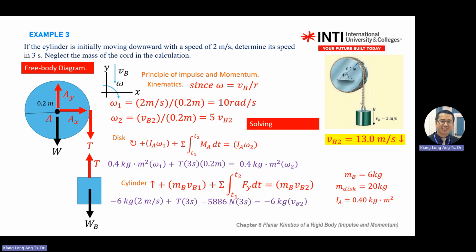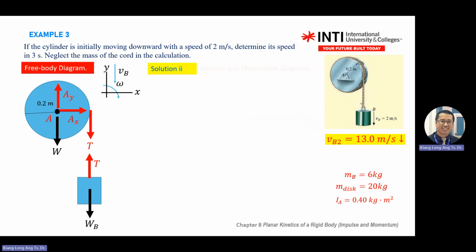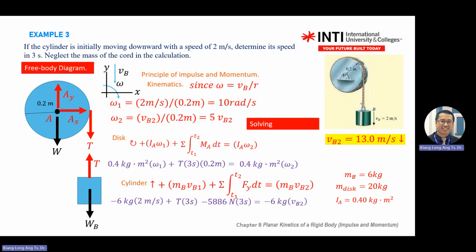Okay. So once you get that one, you solve this one and omega 2. Let's see. Means you already find the omega 2 already. So you solve simultaneous equation.